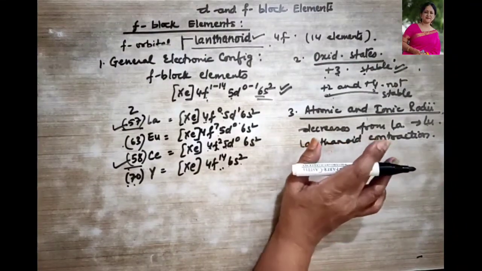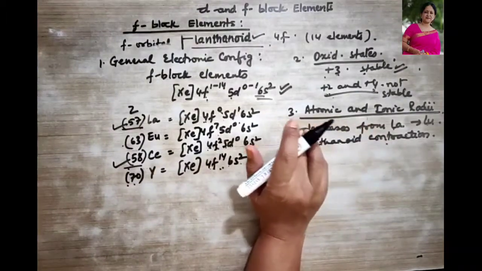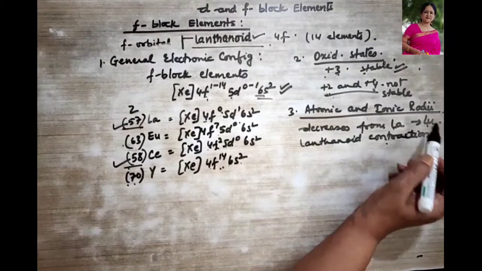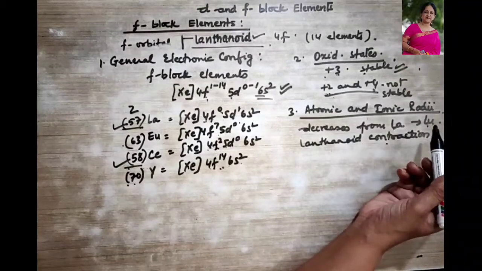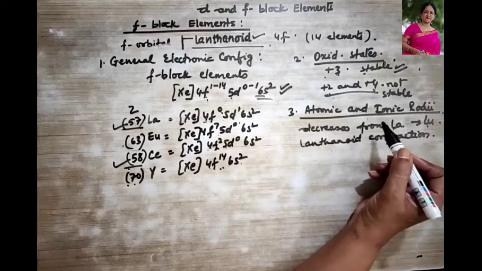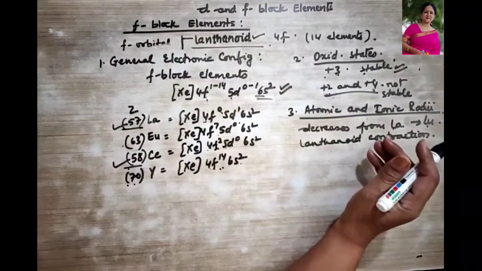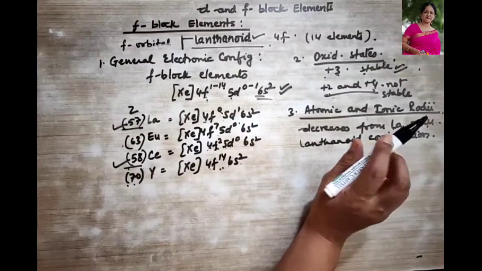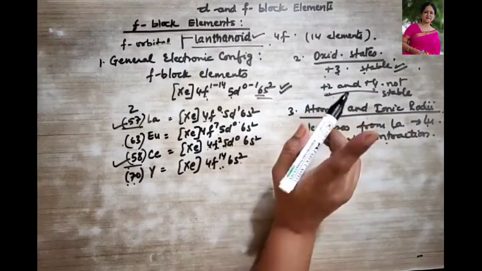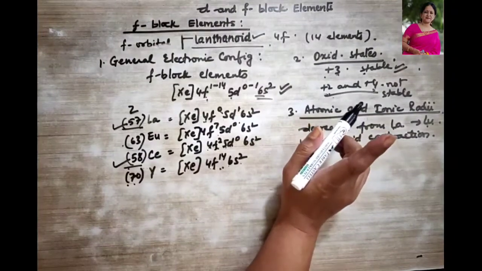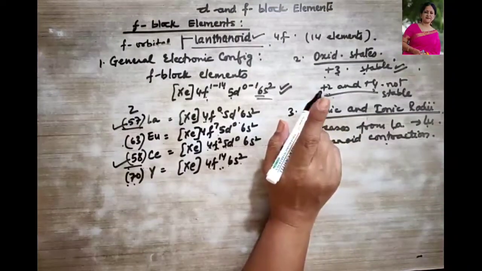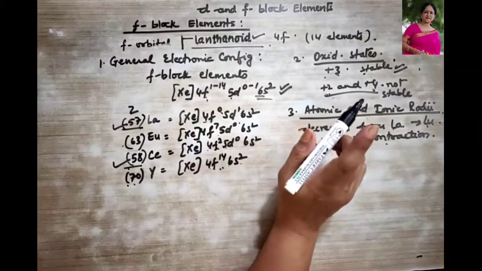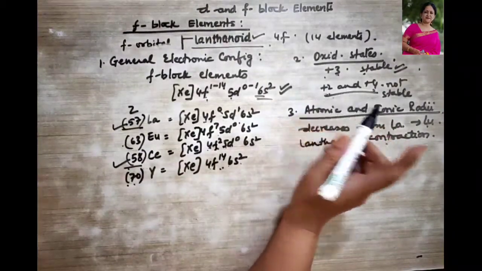I repeat once again that as we move along from lanthanum to lutetium, what do we see? The nuclear charge is increasing with the atomic number, with the addition of electrons in the inner 4f orbital, right? However, remember, the 4f electrons shield each other from the nuclear charge imperfectly or poorly due to the diffused shapes of the f orbitals.